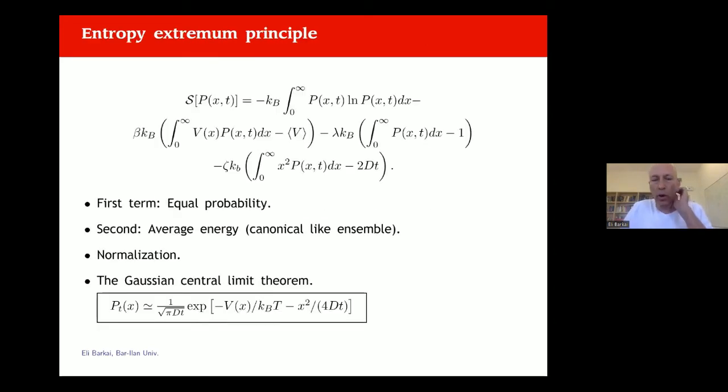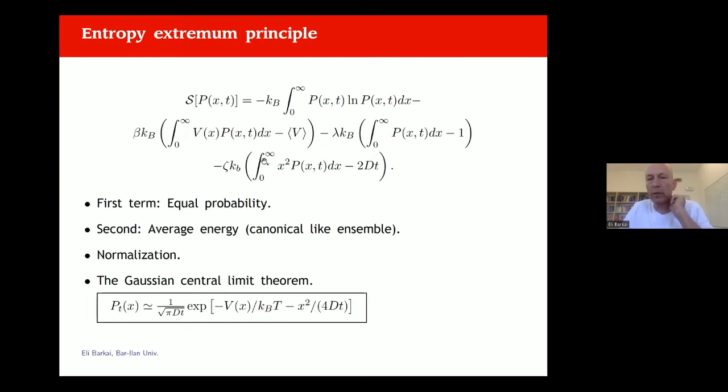We also have an entropy maximum principle. We can define entropy by P log P integration. And then we add constraints like we do in statistical mechanics. This is in the canonical setting. We have the average energy, we have the normalization, and we have one more constraint.